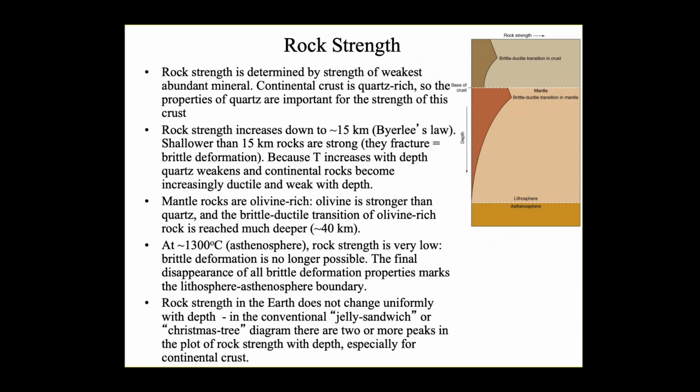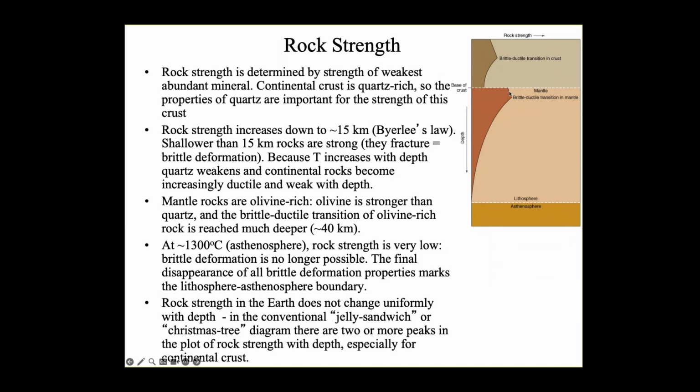So let's talk first about rock strength increasing with depth. When we were talking about Byerlee's law, we were talking about the fact that rocks get stronger as the confining pressure increases, right? Linearly. So this linear part of the curve is following Byerlee's law. And for that matter, this part of the curve down here in the mantle.